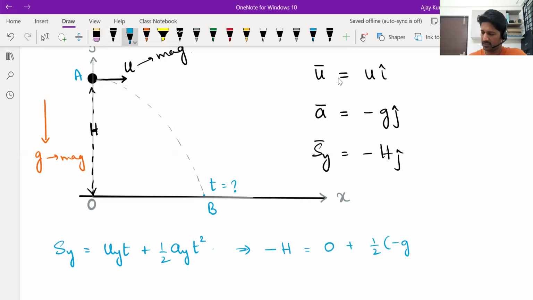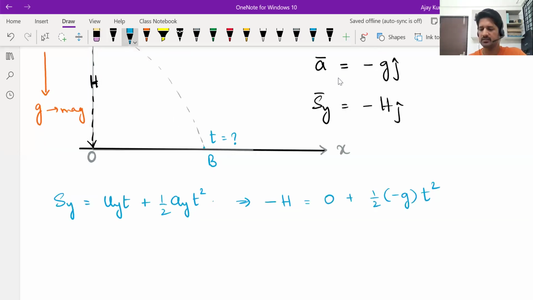Acceleration in y direction is minus g. So you get minus h is equal to minus half g t square, minuses cancel. t square is equal to 2h by g. So t is under root 2h by g. Okay. Other than Nitya, do any of you remember seeing this expression anywhere? And in which case?